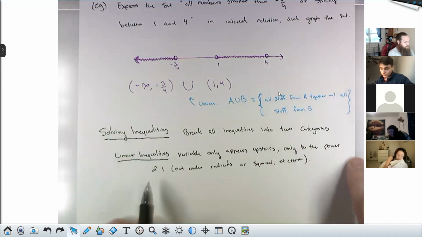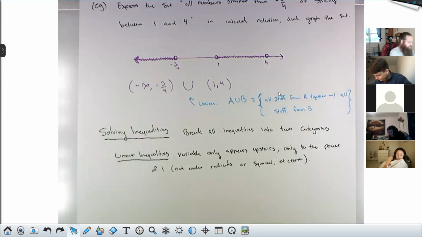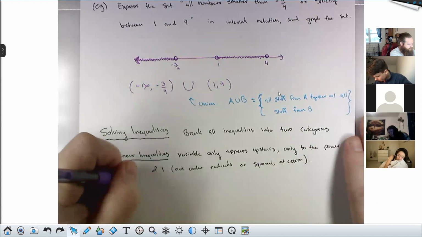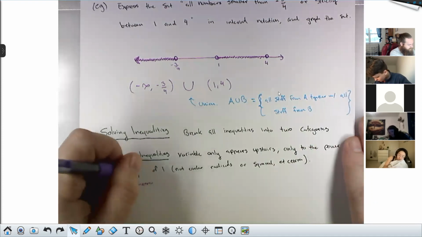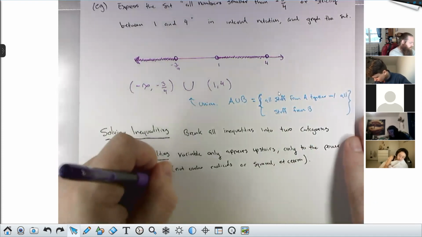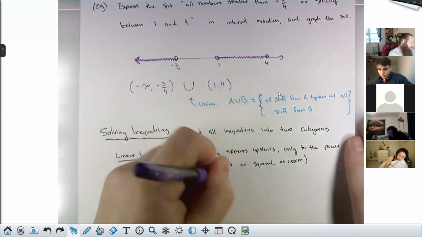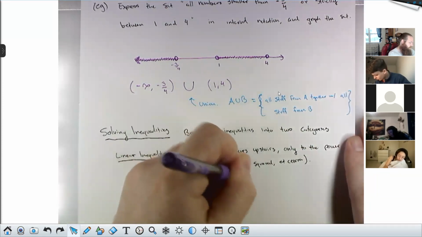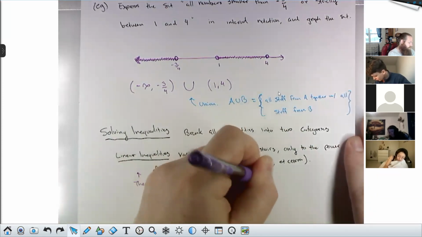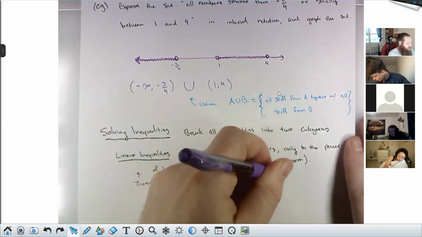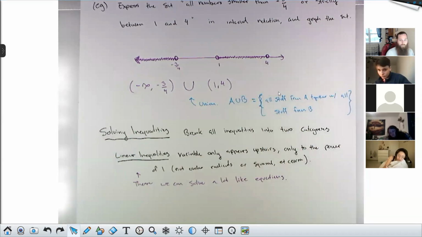These you can solve a lot like equations, right, where you subtract something from both sides or divide both sides by 2. There's just one little rule.